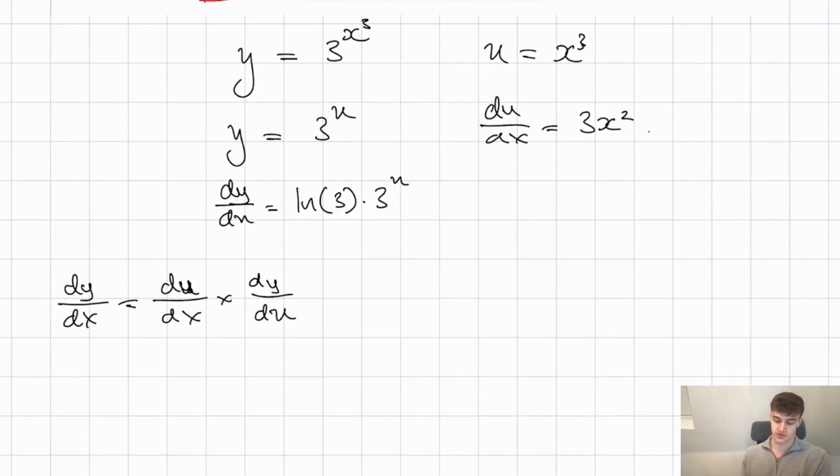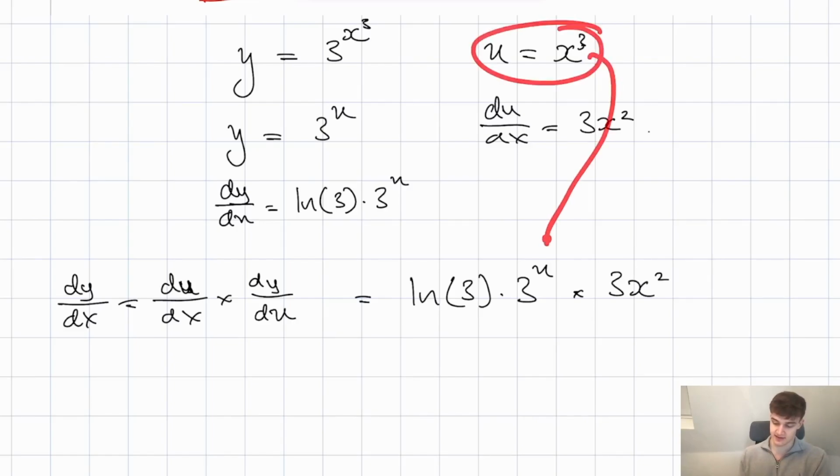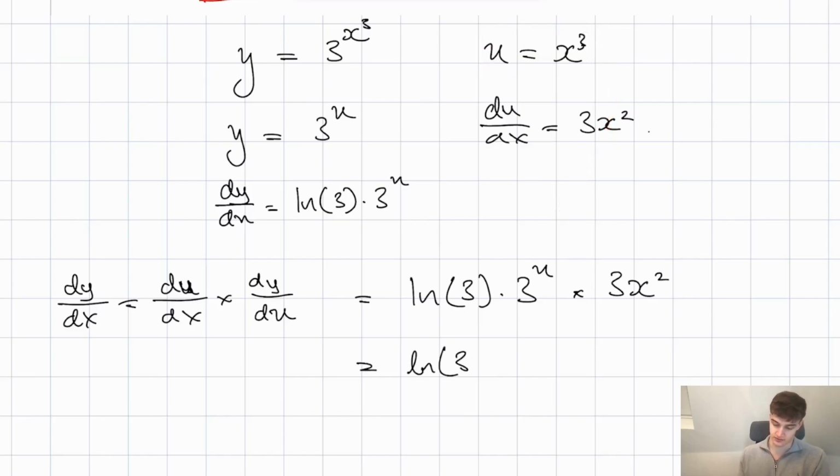Okay, so if we put all that together, we're going to get ln 3 times 3 to the u times 3x squared. And now I should probably put u in terms of x back into here. So that's going to give me the natural log of 3 times 3 to the x cubed times 3x squared.